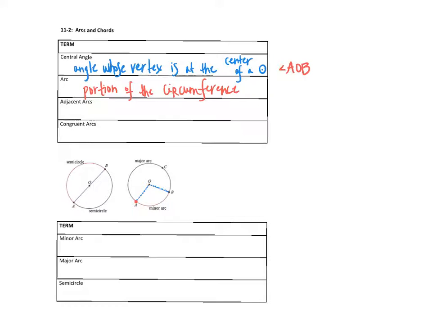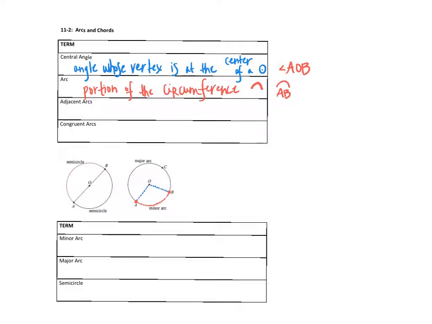So let's take points A and B. There's your two endpoints, and it's all of the points in between. So it's unbroken, and it's just a portion of that circumference. So we note an arc with this symbol right here. So we would call this arc AB.